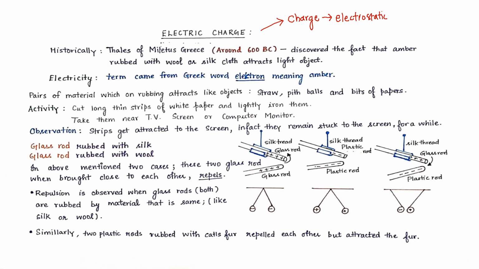Today we will learn what electric charges are and how these charges accumulate on surfaces, let it be a conducting surface or an insulating surface. We will read how they accumulate also.